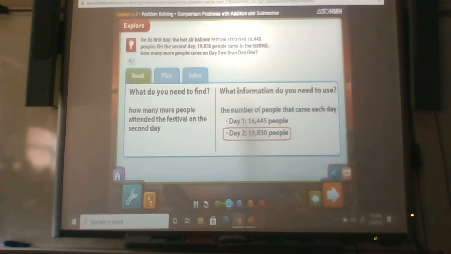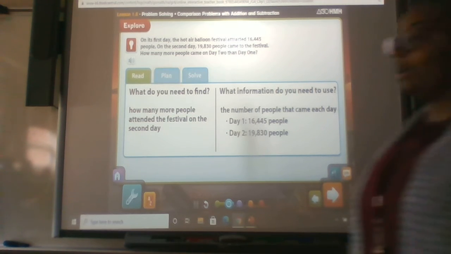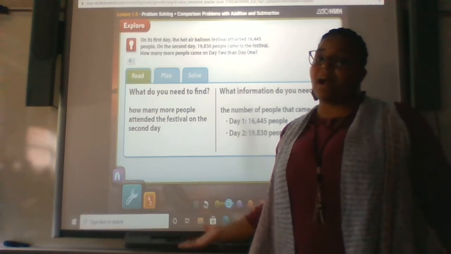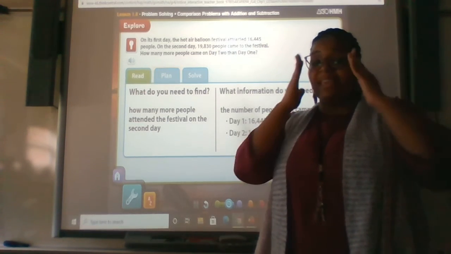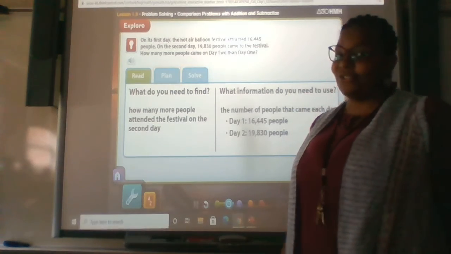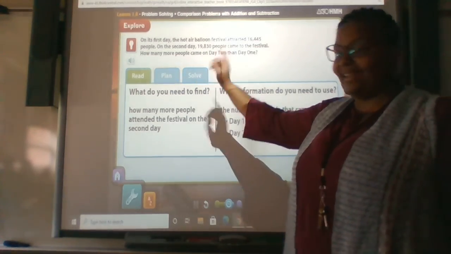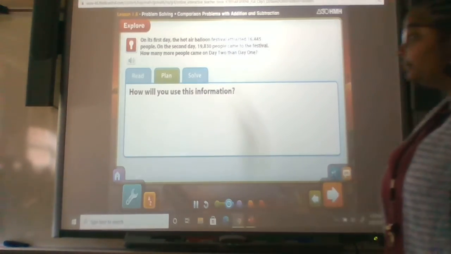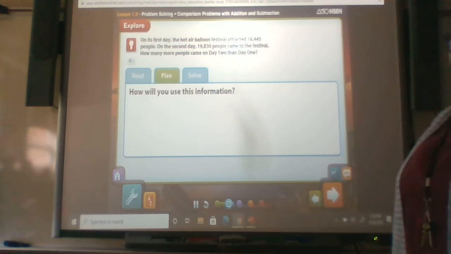On the second day, 19,830 people came. That's more people than on the first day. Now that you know what you are looking for, let's make a plan to solve the problem. Boys and girls, whenever we have a problem that we need to figure out, it's always best to start with a plan. To solve this problem, how will you use this information?